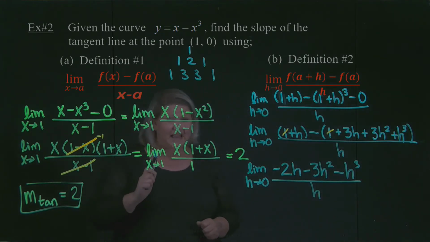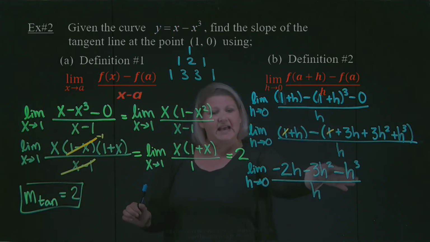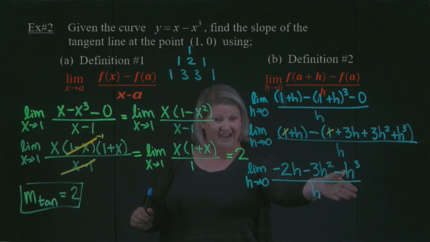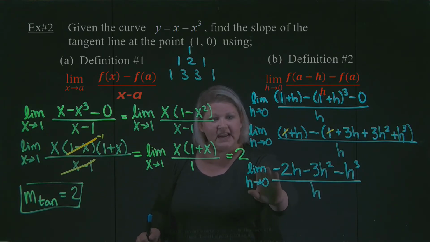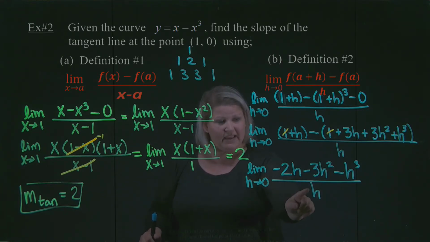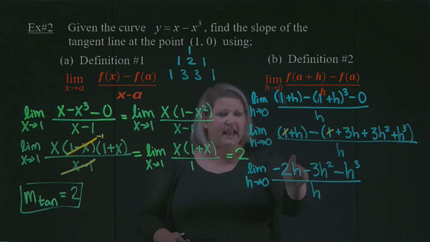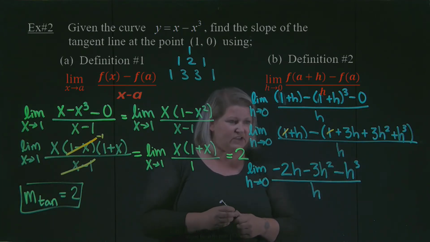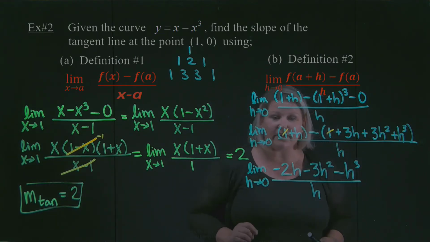Now, boy, doesn't that look messy? However, this is good. Everybody has an h in it, okay? You want that because you're trying to get this h to cancel, because h equaling 0 is a no-no when the h is in the denominator. So since everybody has an h, that means that you can factor an h out of everything.